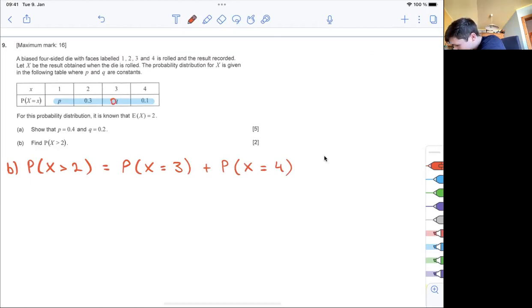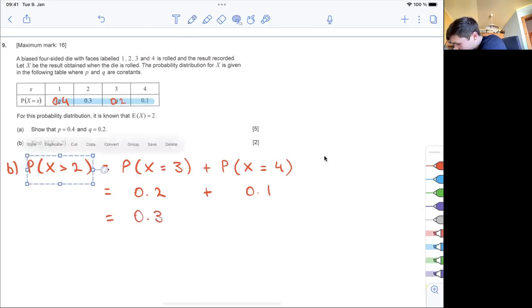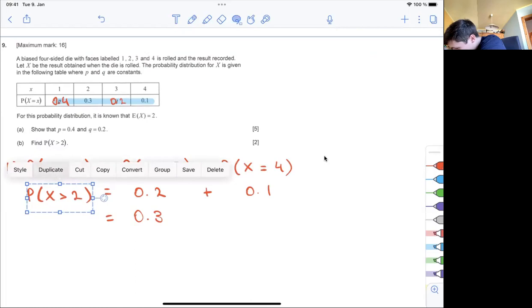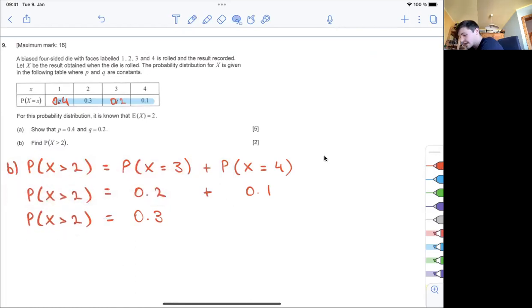We can put 0.2 here, and 0.4 over the top there. And so this is going to be 0.2 plus the probability that X is equal to 4, which is 0.1. And so the answer is 0.3. And there we go. That is the answer to part B.